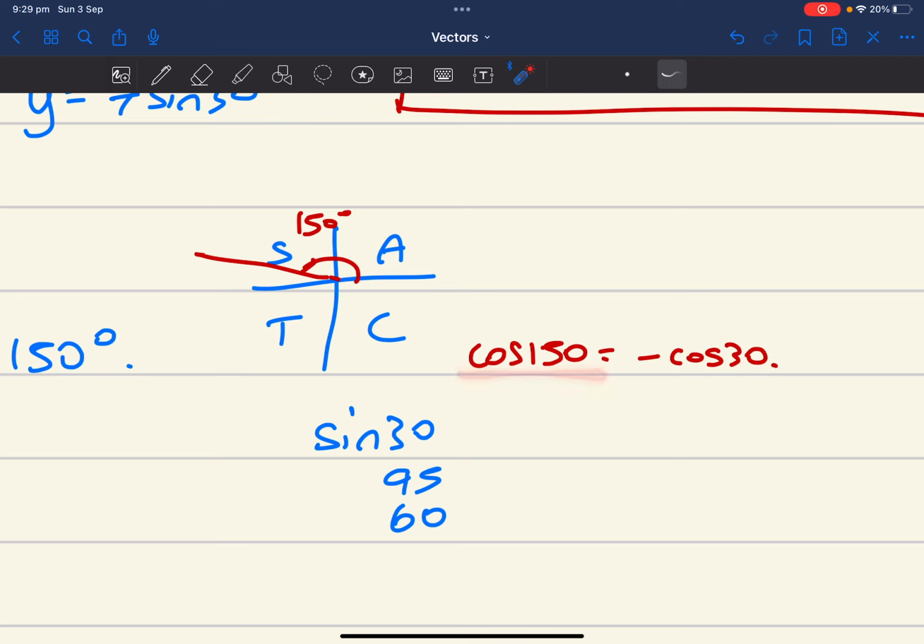Cos 150, I can see it's in the S quadrant, right? So if it's in the S quadrant, it's going to be negative. And remember, the relative angle is just going to be the acute angle version of this thing, right? So 150 degrees, I can see the acute angle is this thing here, right? So 30 degrees, that's how I get this. And the negative just comes from the fact that it's in the X quadrant, right?